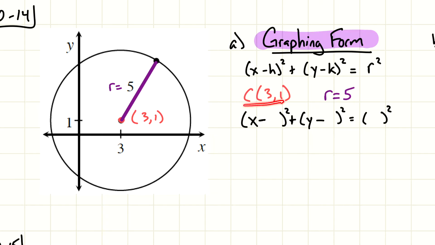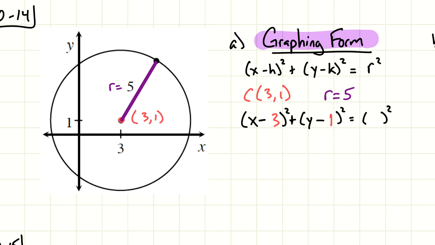So with the center and radius, we're going to plug that into our formula for the graphing form of an equation. The nice part here is we just have to copy the numbers that are given to us. We have (3, 1) as the center, so I'm just going to put 3 and 1.